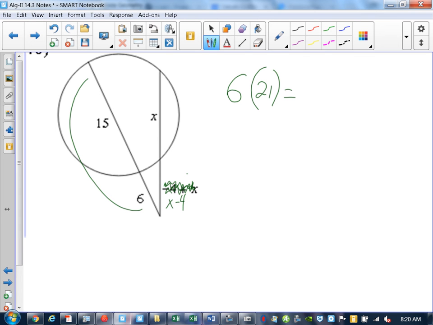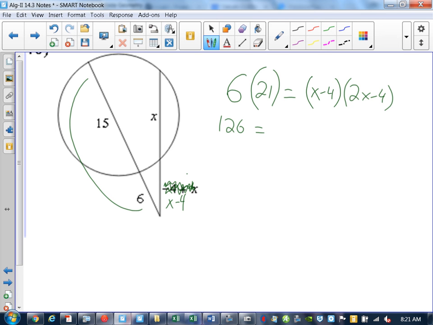That'll equal your outside, x minus 4, times the whole thing, x minus 4 plus x, which gives you 2x minus 4. So yes, this is the one style that you have to FOIL out to begin with. We start with the 6 and 21. That's not bad. We get 126.